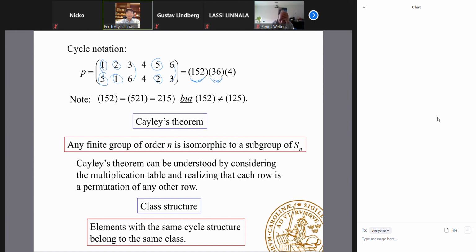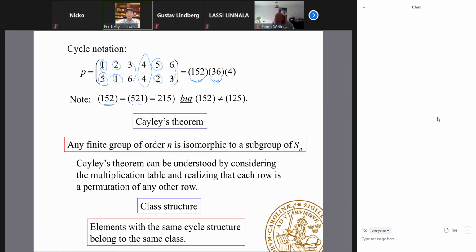And then finally we have just a 1-cycle. Usually the 1-cycle is omitted, but you can also write it down because it's kind of redundant. If it's not written, it means just a 1-cycle. An important point is that when we write a cycle like this, we have to be careful with the order. (1 5 2) is equal to (5 2 1) because it's a cycle: 1, 5, 2, back to 1, and so on, and (2 1 5).